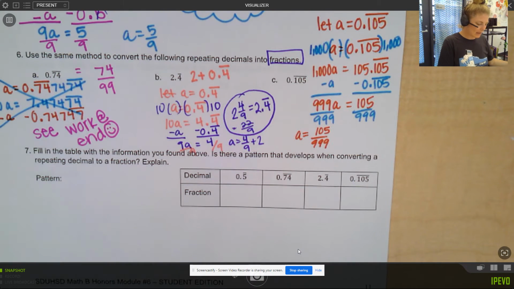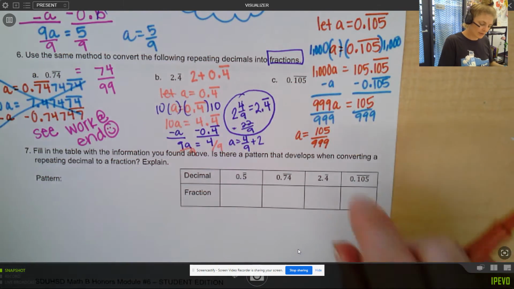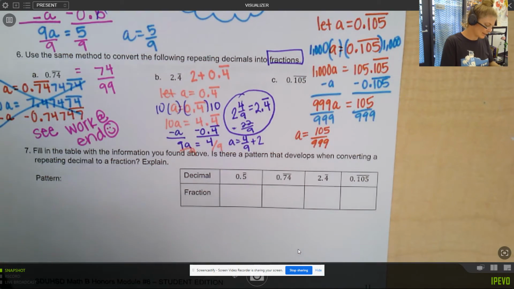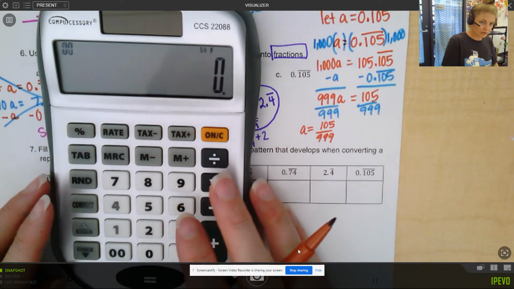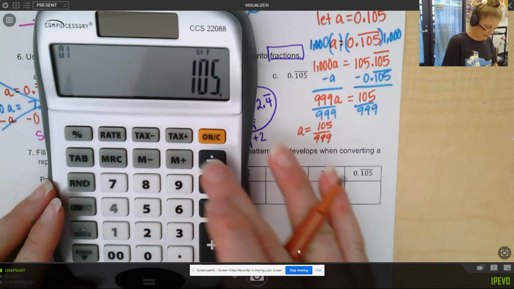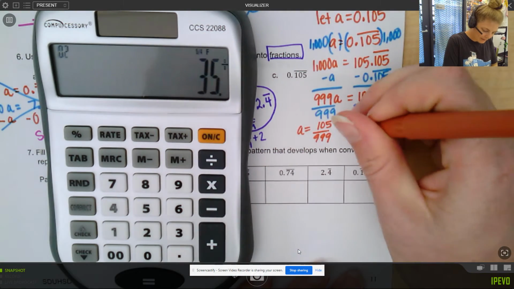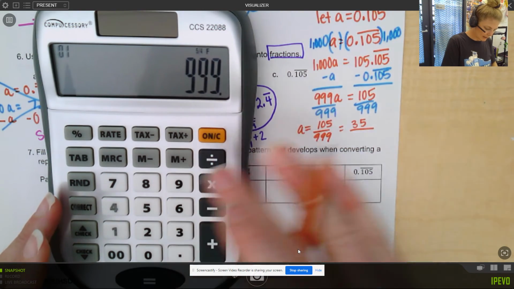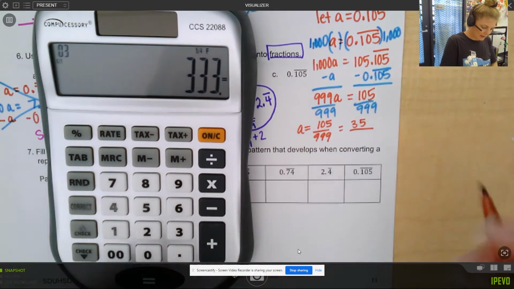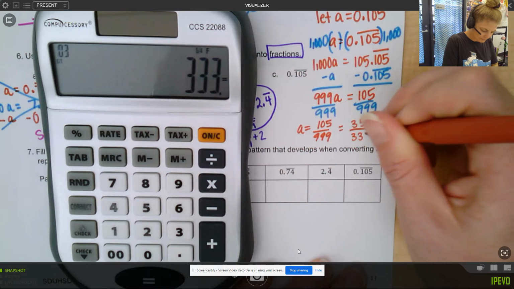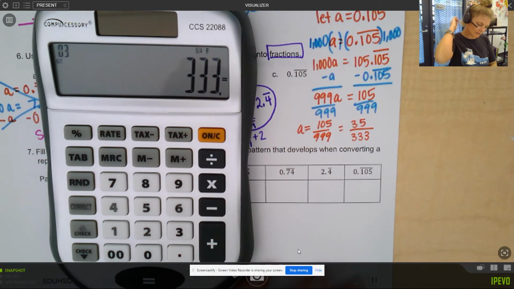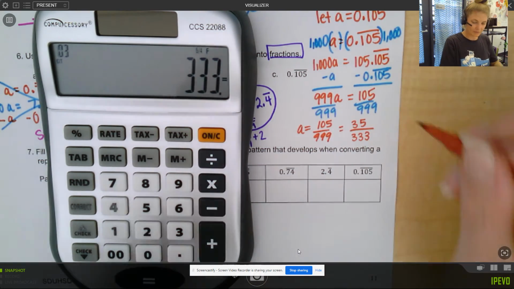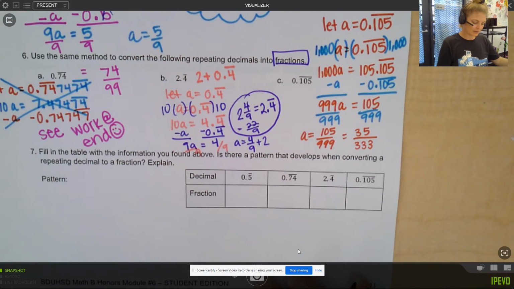And notice I'm thinking 3 goes into both of these because 1 plus 0 plus 5 is 6. So I'm going to divide 105 by 3. I get 35. And 999 divided by 3, I get 333. I'm pretty sure that's as far as I can go because 3 plus 5 is 8, and 3 doesn't go into 8.